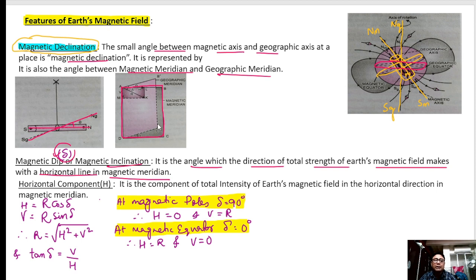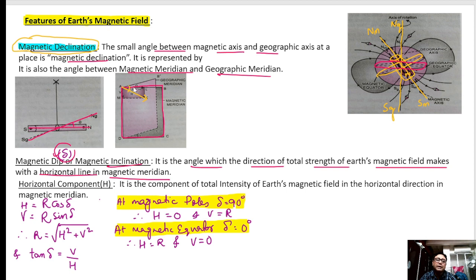What I am telling, it is the angle which the direction of total Earth's magnetic field makes. This is the total Earth's magnetic field, and the angle which it makes with the horizontal.